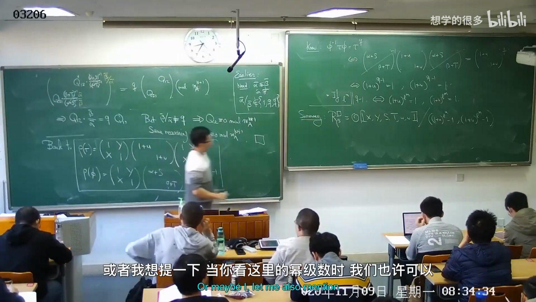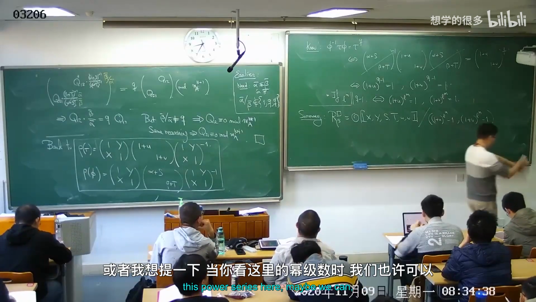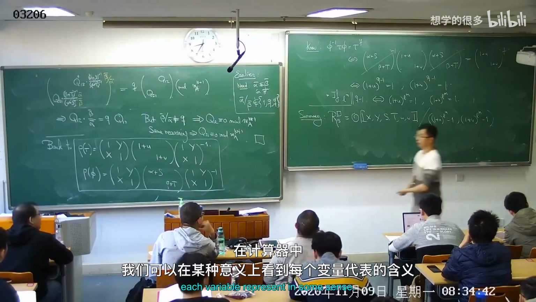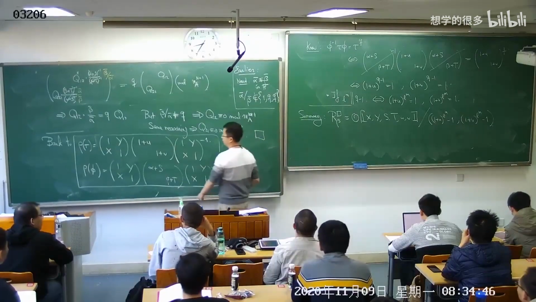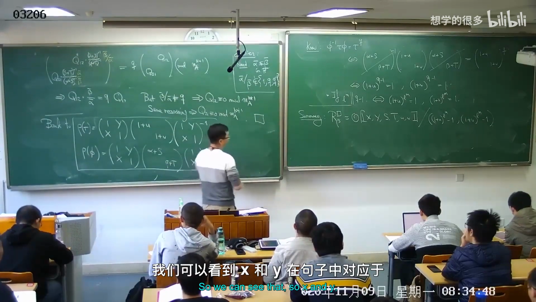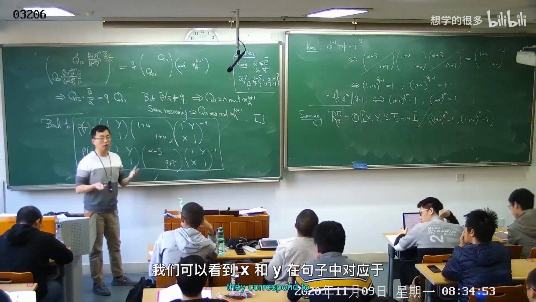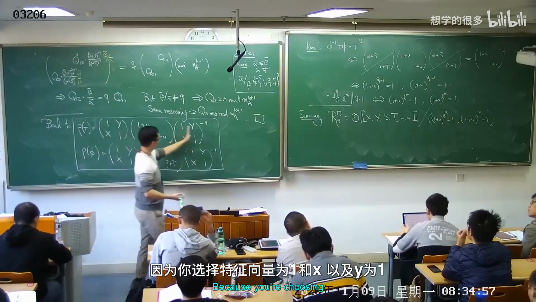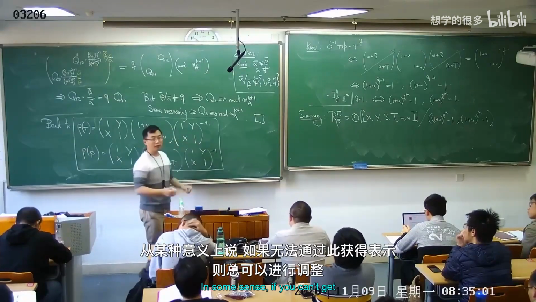Or maybe let me also mention that when you look at this power series here, we can in some sense see what each variable represents. So x and y correspond to the framing of these lifts, because you're choosing the eigenvector to be 1, x and y, 1.